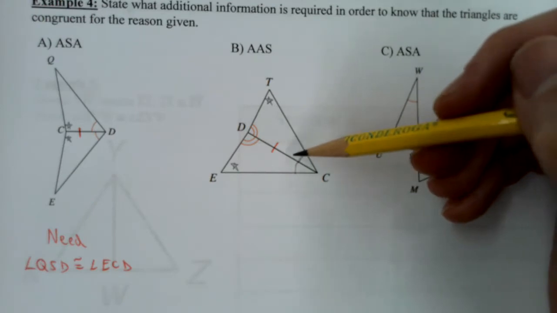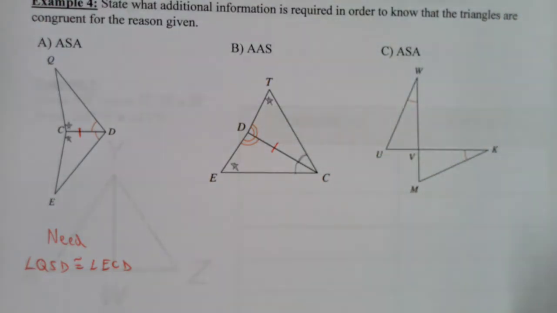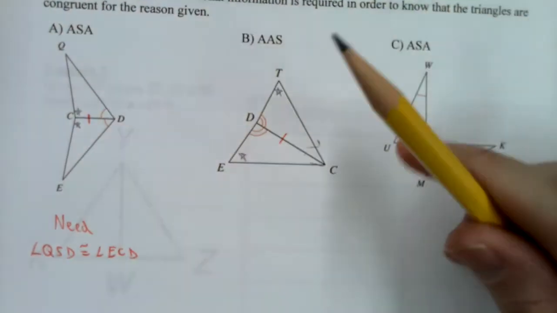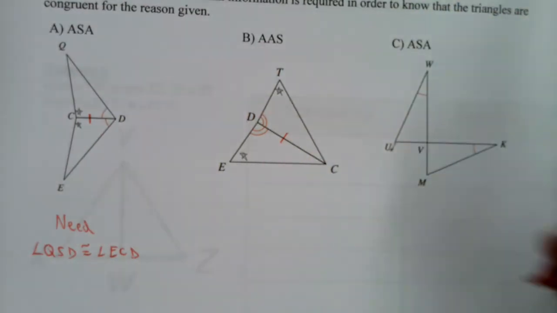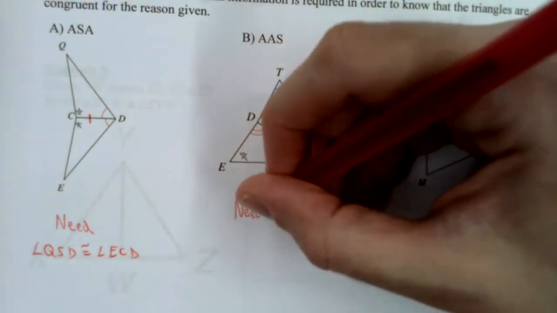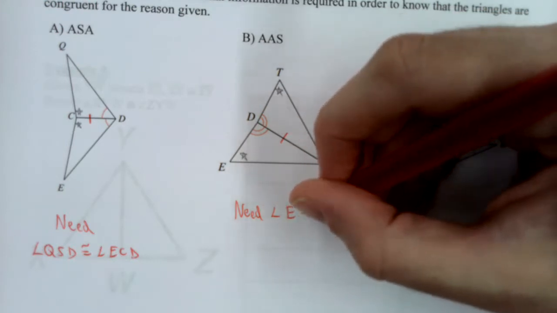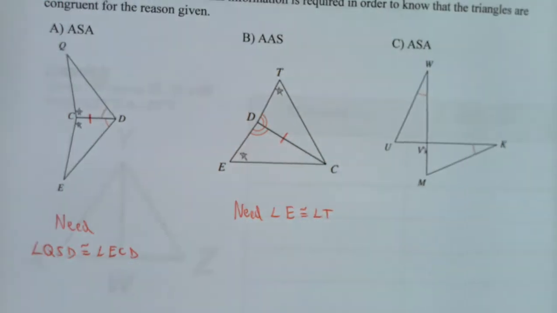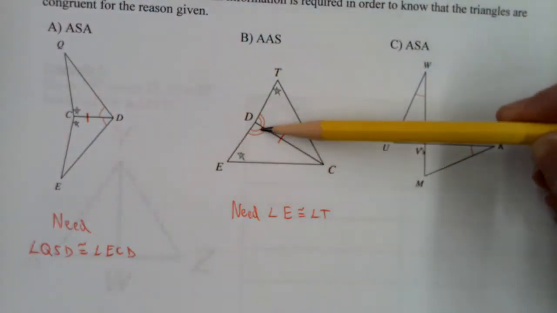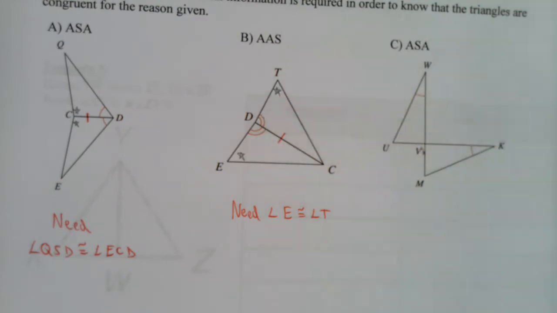That would be angle, side, angle, because it's the included side. So that's not the answer. You need to know that angle E is congruent to angle T. Because if you had that, then you'd have angle, angle, side.